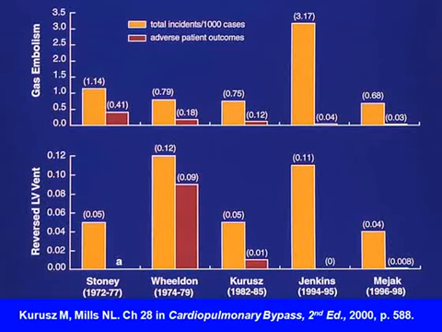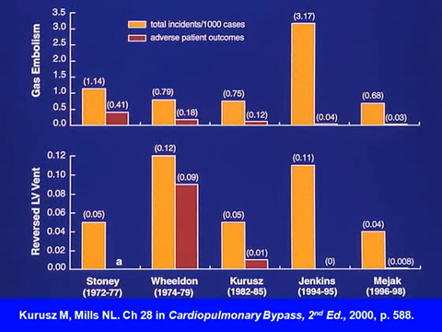These 2 bar graphs compare 5 surveys, the first being the pioneering survey by Stoney and colleagues in the 1970s. There was a study in the UK by Wheeldon. Our group did a study in the mid-1980s. There was an Australasian survey done by Jenkins. And finally, Mijak and colleagues in the United States did a survey on the incidence of air embolism.